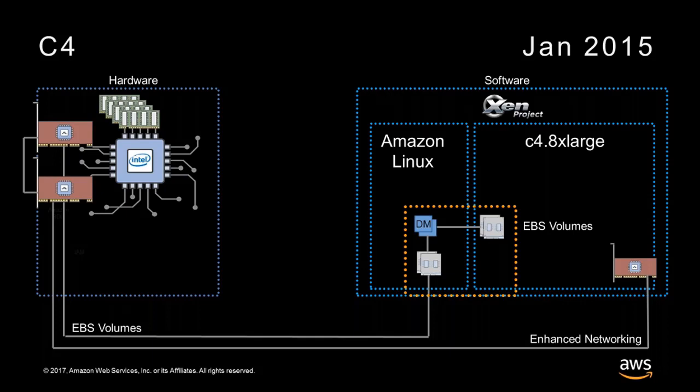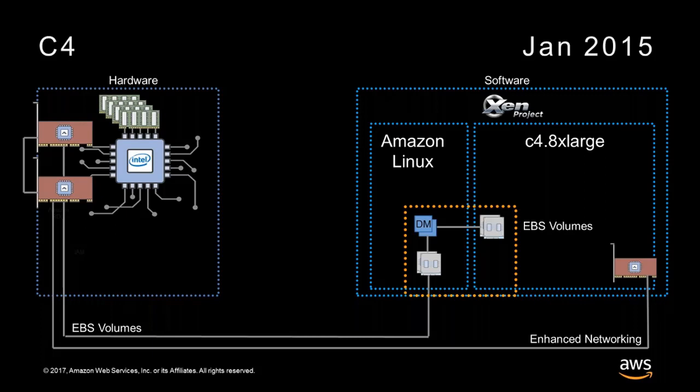We looked at it, and there wasn't really good widespread support for NVMe within the typical AMIs that we would see customers using. So we continued to use a software device model in front of this virtualized NVMe. From a customer's point of view, the C4 instance felt a lot like a C3 instance, except under the covers, we're doing this hardware offload of EBS storage.